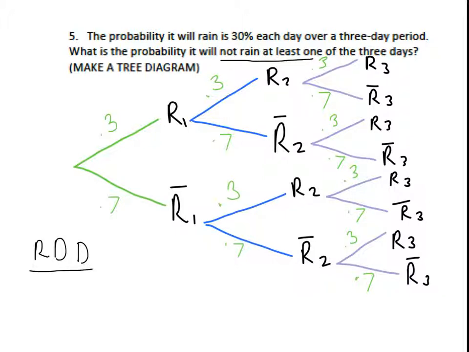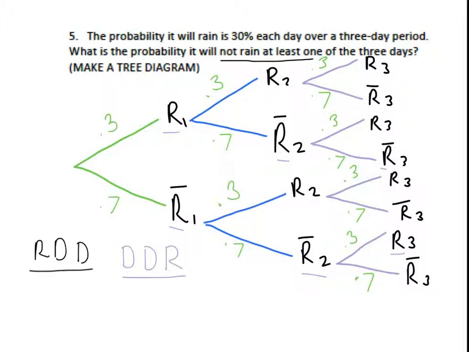And there's a couple different ways that we can get that. So we can get rain, dry, dry, right? We can get rain, no rain, no rain. We can get no rain, no rain, and rain. So dry, dry, rain.